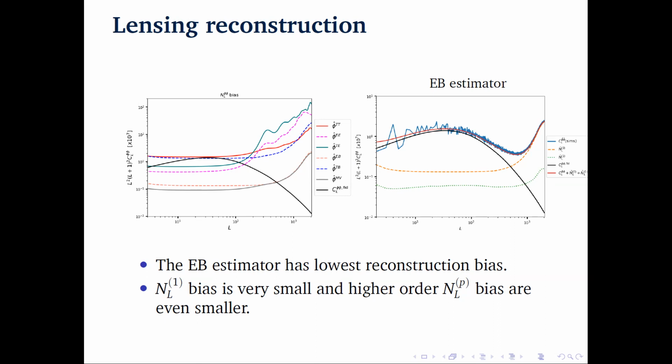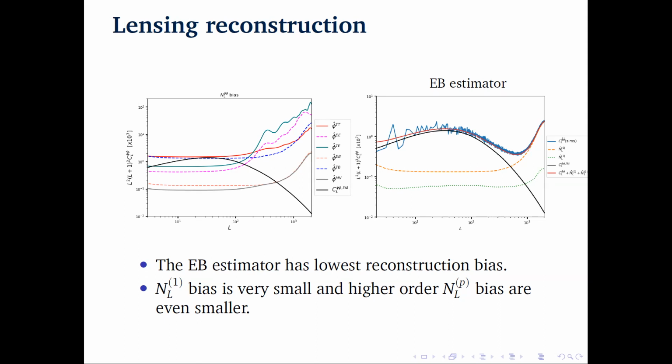And here I show the reconstructed lensing potential power spectra. For the EB estimator, this blue line is the reconstructed power spectrum for one realization, so that's why it has some cosmic variance.